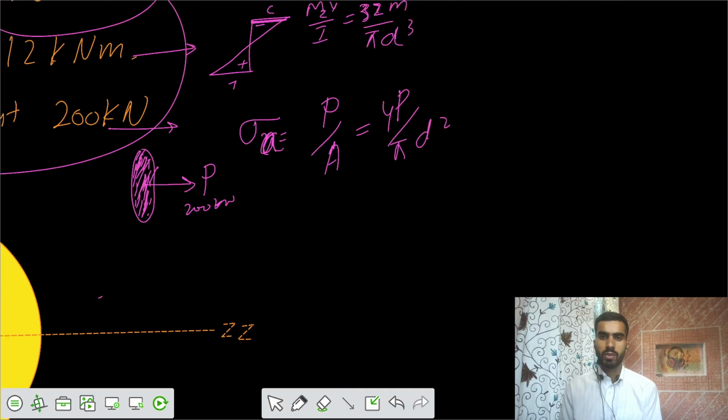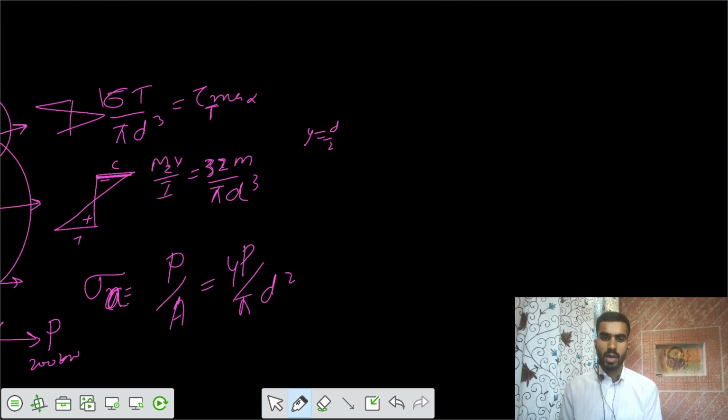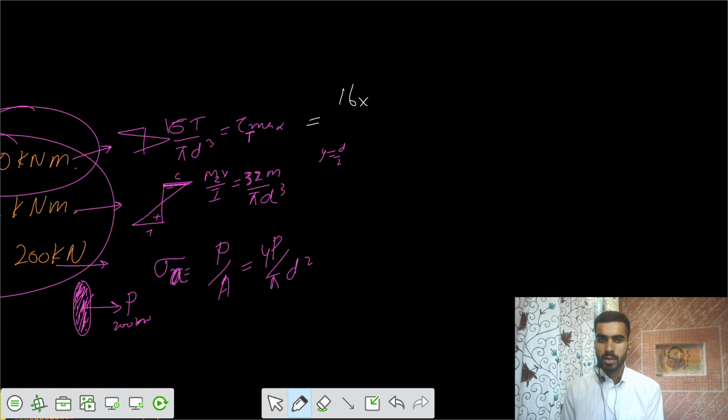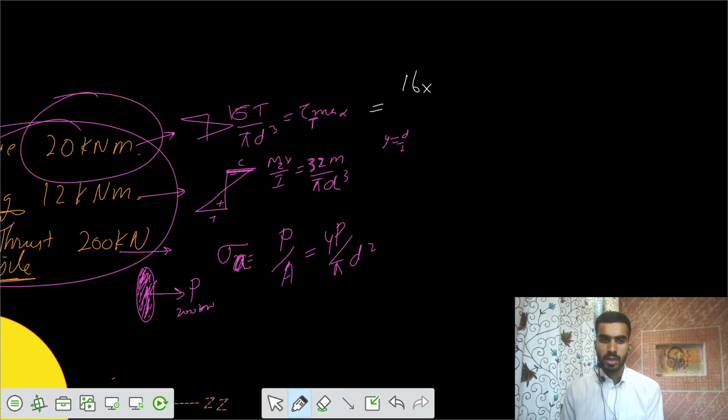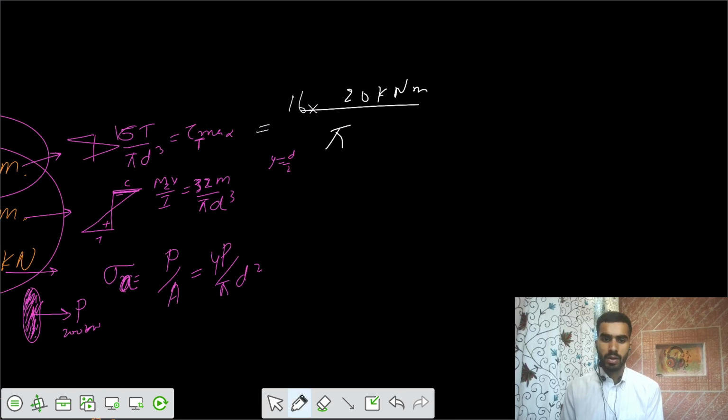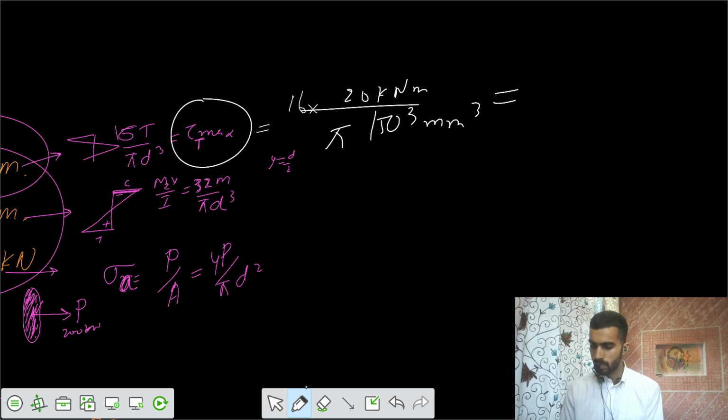I have those equations. I would solve those equations now. Let's solve for the values. We have tau max because of torsion. I would write 16T kilonewton meter upon pi d cube. The value of the diameter d here is 150. So I write 150 cube, and you convert into standard units, and you get the value of tau because of torsion equal to 30.19 megapascal.